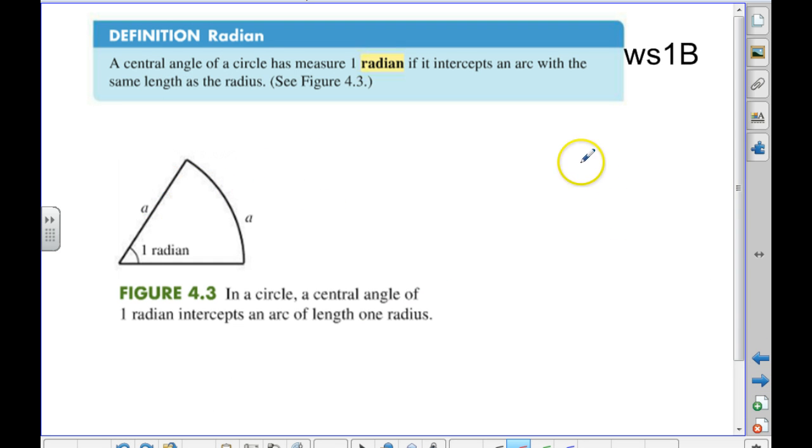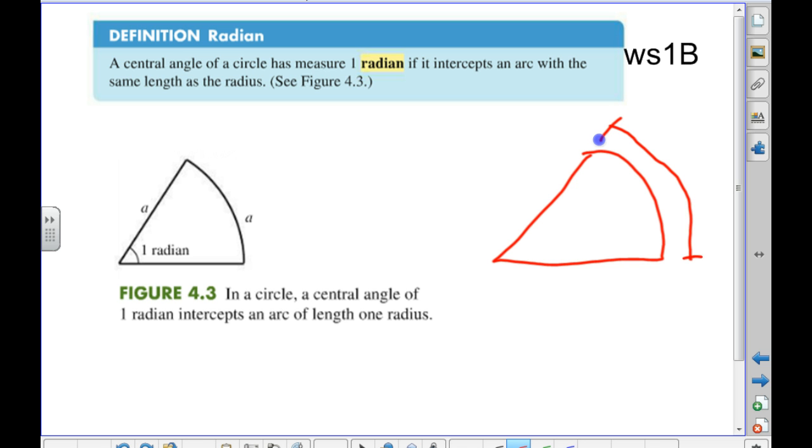A radian is exactly the same distance here, from here around to here, as this radius. So this value is the same as this value, then this is called exactly 1 radian. A central angle of 1 radian if it intercepts an arc with the same length as the radius.